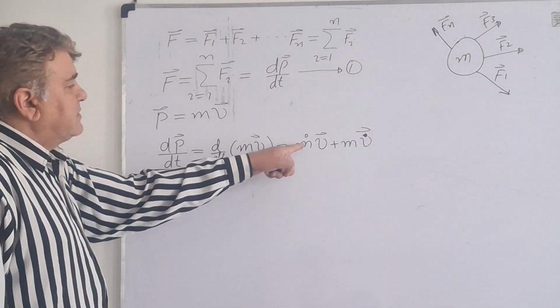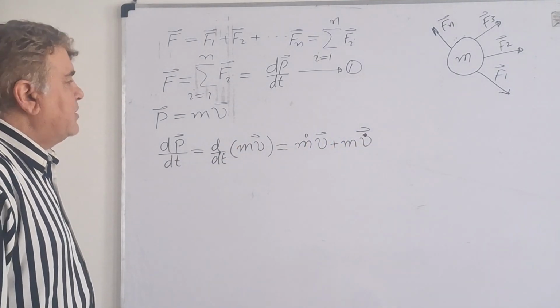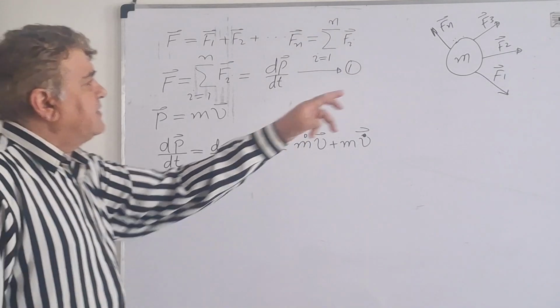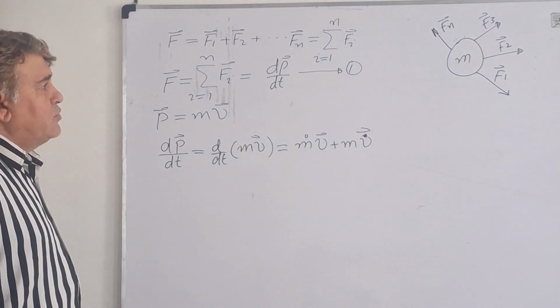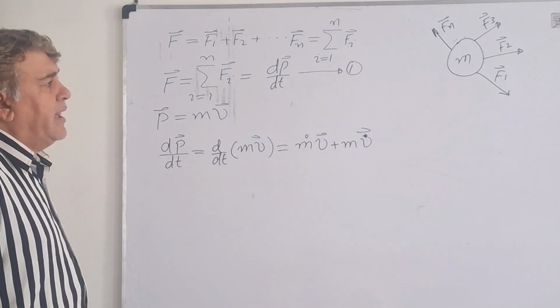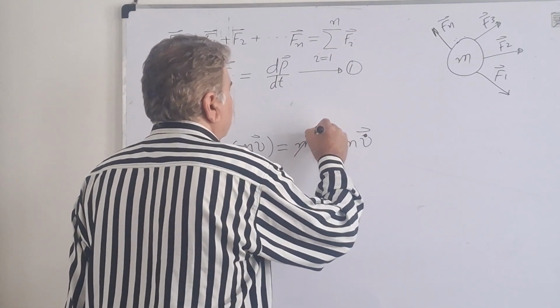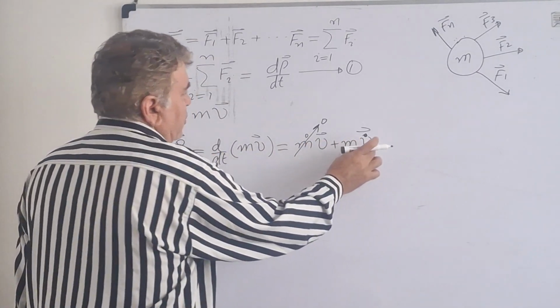That is, m dot is dm over dt and v dot is dv over dt. Since we are considering a single particle and we presume that the mass of the particle is conserved, that is, it is not changing with time, under this condition I can set this part of the equation equal to 0 and write this as m v dot.